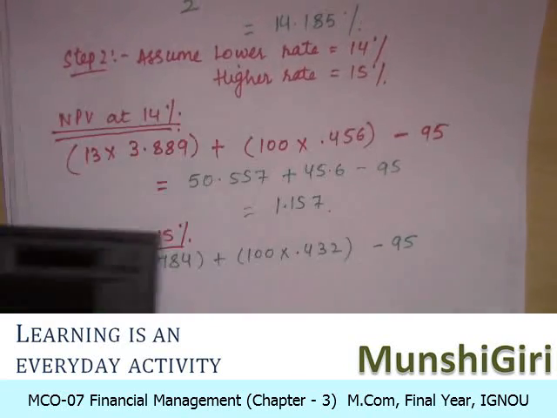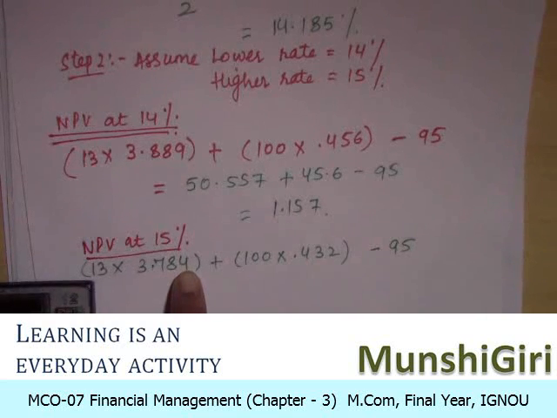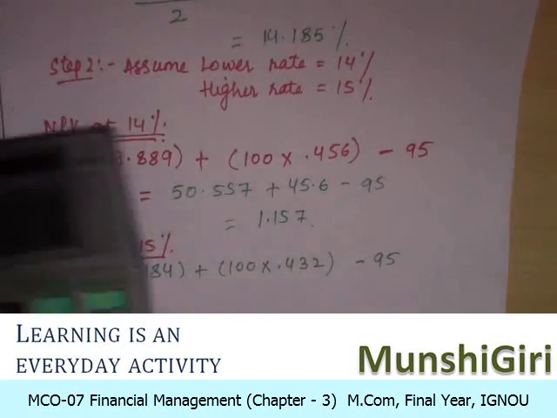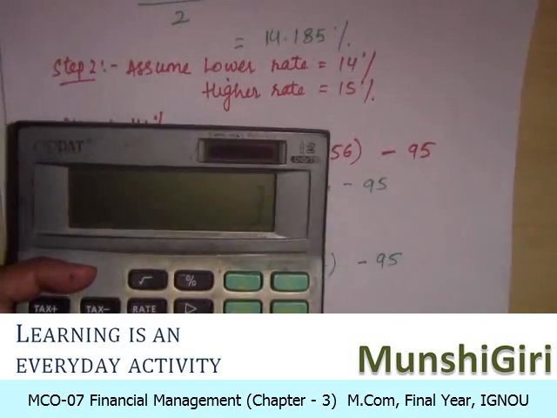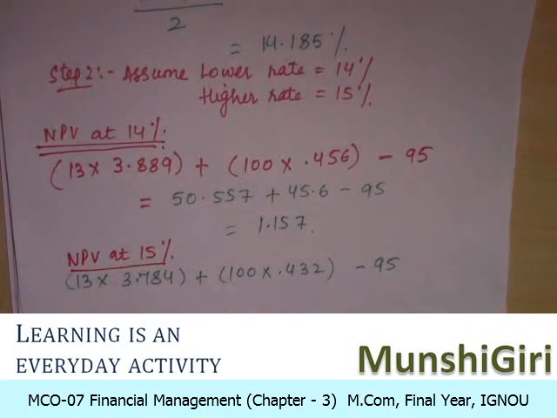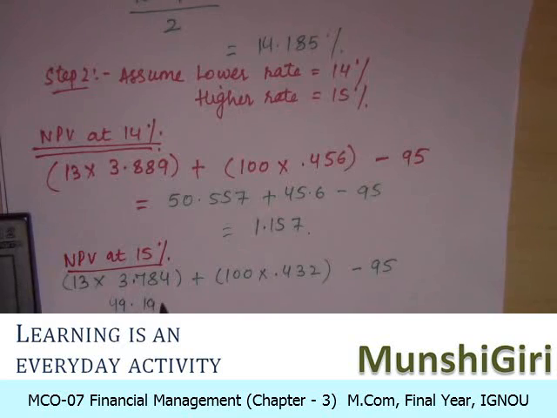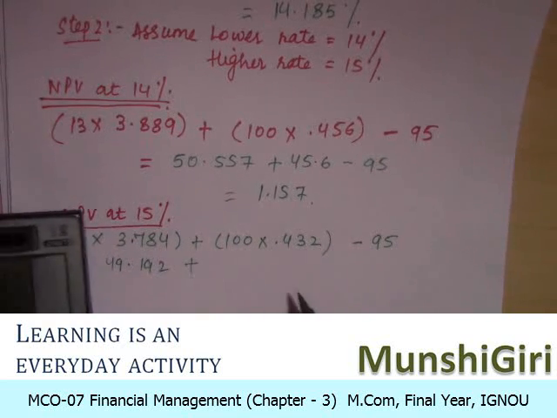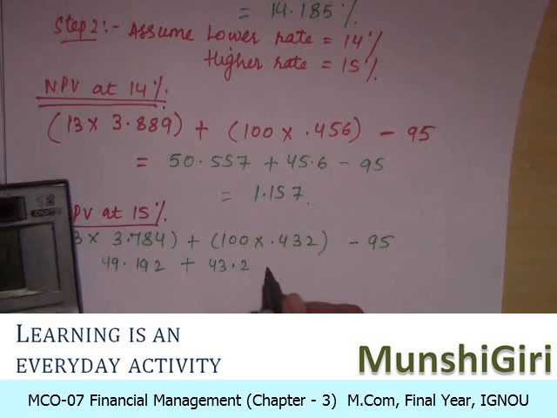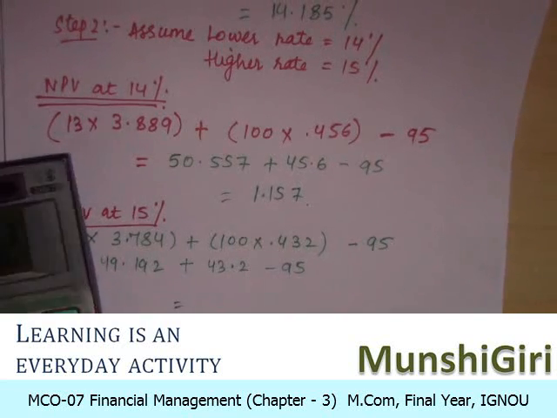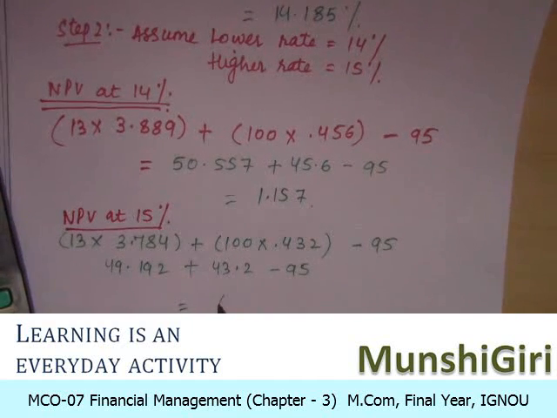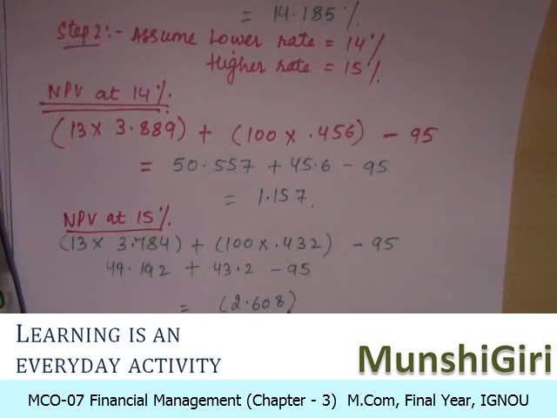This is 3.784, and for the 6th year it is 0.432. 13 into 3.784 is 49.192. 49.192 plus 100 into 0.432, which is 43.2, minus 95. So 49.192 plus 43.2 minus 95 is negative 2.608.